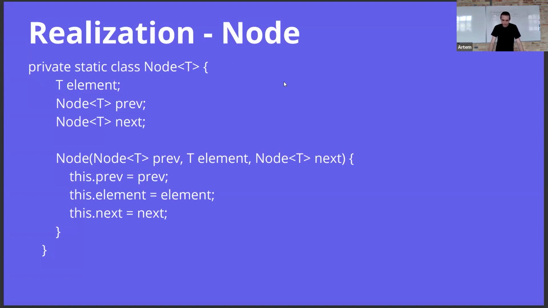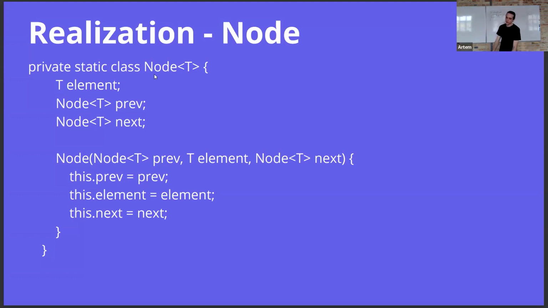Okay. So inside this class, we have our element. Let's draw this node. So we have element. Element is our number if we want to stick to our examples.